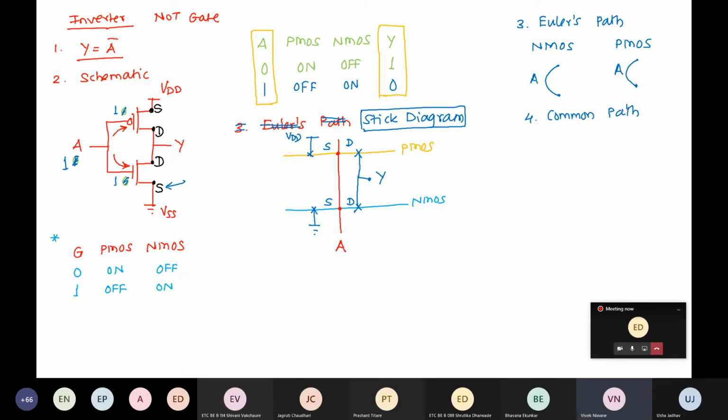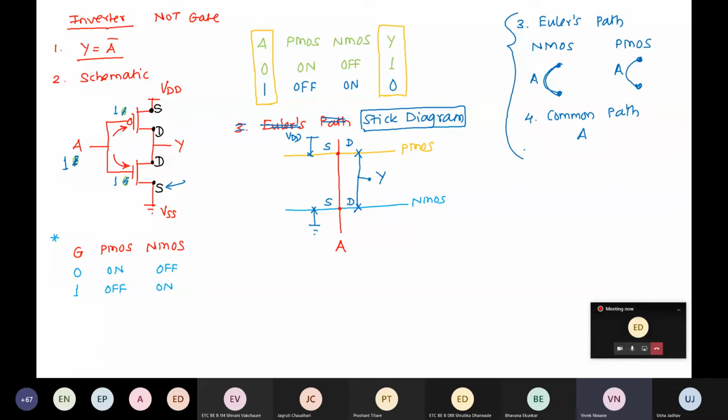Right now it doesn't matter because there is only one input, but for the sake of procedure only. Okay, so from this point to this point we can go through A. Similarly, from this point to this point, we can go through A. So we can have the common path A. For an inverter, step number 3 and 4 don't make any sense right now.